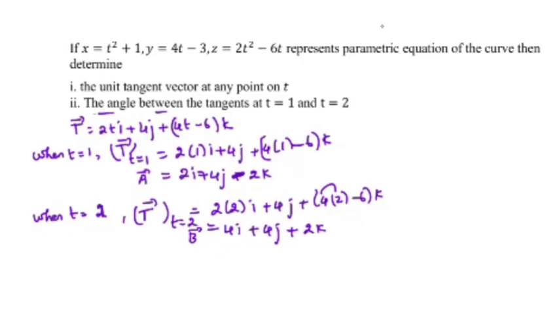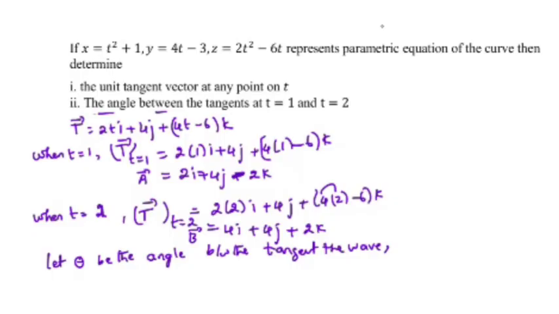So now we have to find the angle. Let theta be the angle between the tangents. Then cos theta equals a vector dot b vector divided by mod a vector into mod b vector.